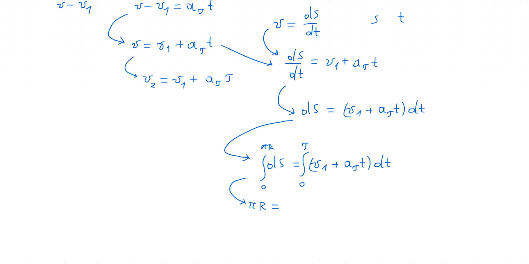Yes, it must be like that. Not like this: v1 tau plus a tau squared divided by 2. Yes.